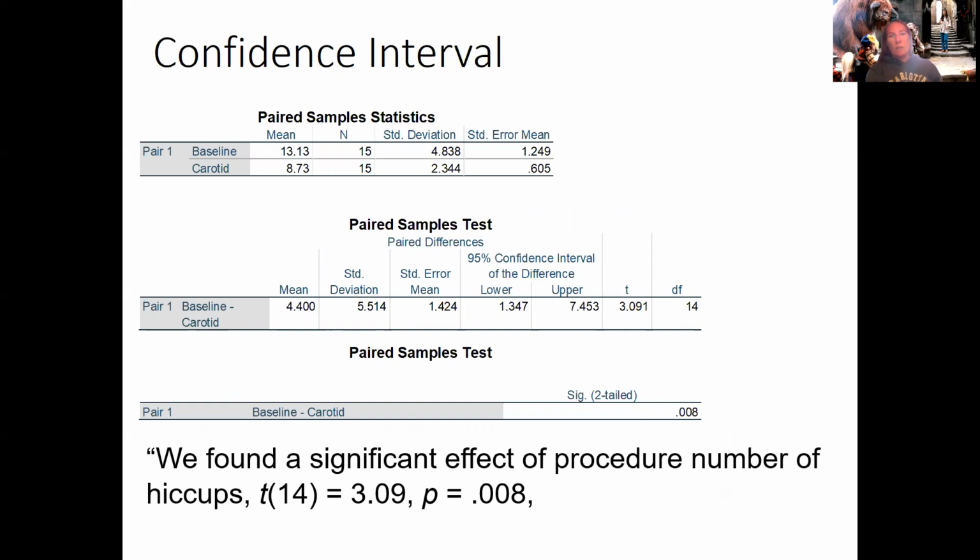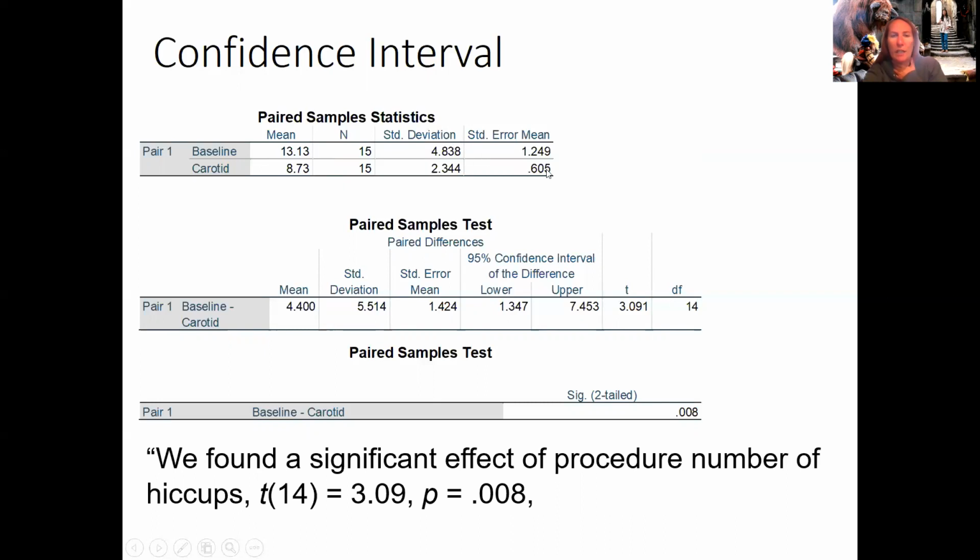Here we have an example of a paired samples t-test looking at hiccups: how many hiccups you have with no intervention versus a carotid artery massage. Hiccups per minute was 13 for people who didn't get the massage, and those who did had an average of 8 per minute.